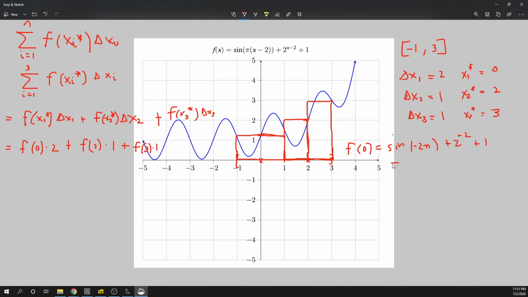So sine of minus 2 pi is 0. 2 to the minus 2 is 1 over 2 squared, which is 1/4, plus 1. So that comes out to be 5/4. So that goes here.